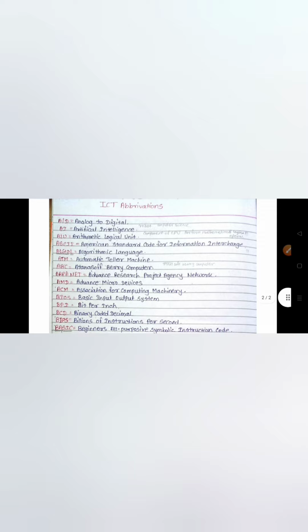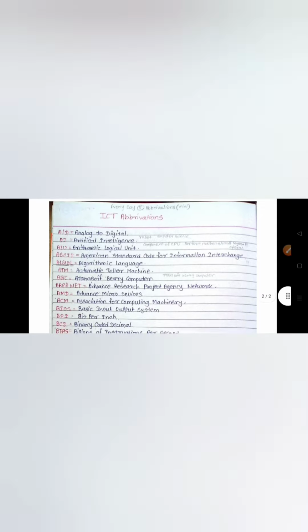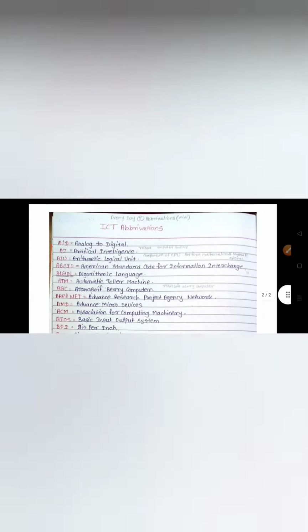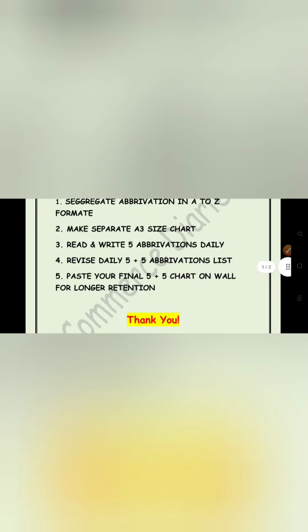But I made this list in my notebook, so I had to flip the pages on a regular basis to see all the abbreviations. So I would suggest that rather than writing these abbreviations in your notebook, make an A3 chart, and once you complete all your abbreviations, just paste it on the wall.